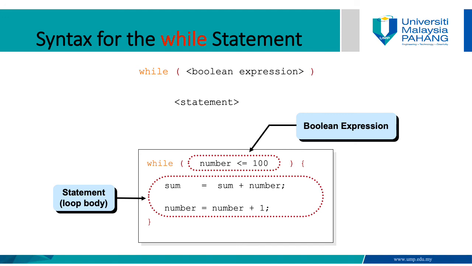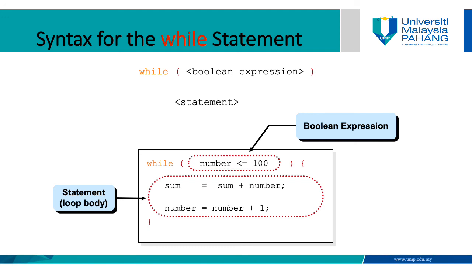So here, while number is less than or equal to 100, you go inside the statement. The statement here we call the loop body, and then we do the summation: sum equals sum plus number, number equals number plus 1.